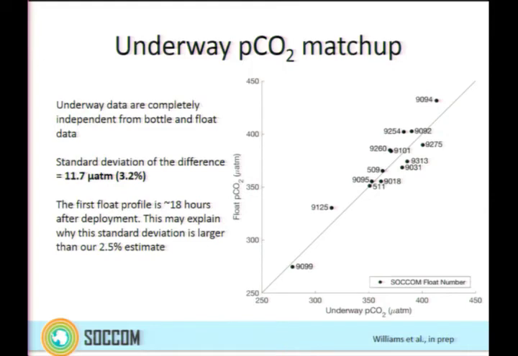So we were lucky to have that for 2 of our big deployment cruises. And the standard deviation of the difference is about 3.5%. So that's a little bit larger than 2.5%, but as I said, there's a time difference, so that could lead to some increased difference. So I think this uncertainty estimate is reasonable.